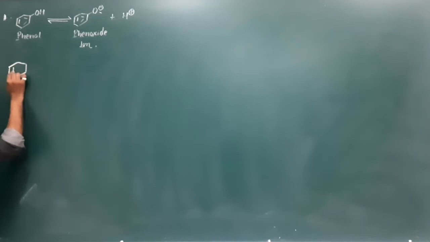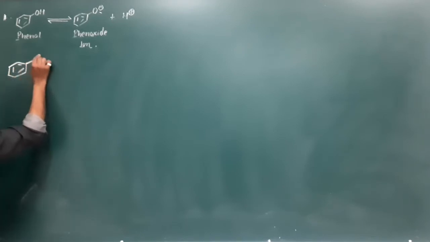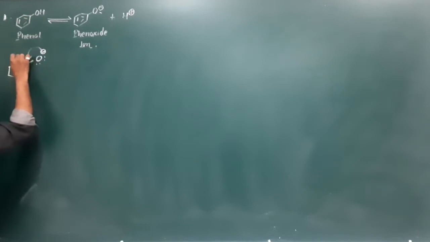Now, as we have this phenoxide over here, let's say this is an oxygen with negative charge. Now, these electrons will enter here. The moment they enter here, these electrons will shift up.